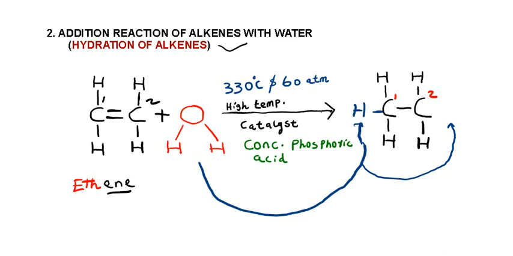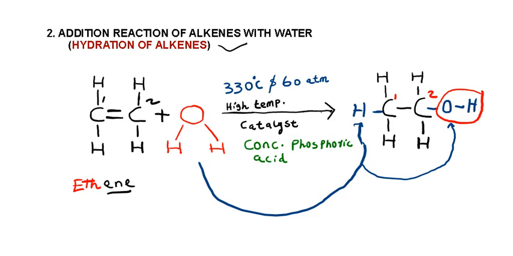And here also, the OH will get bonded to this carbon number 2. Is that understood now? So look at this OH. It is a functional group belonging to alcohol.